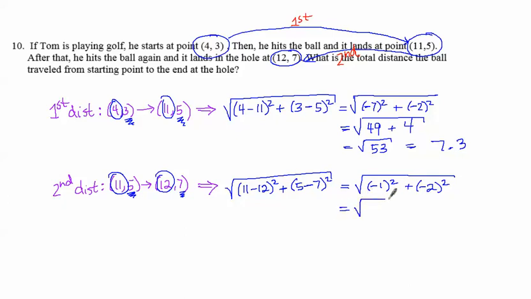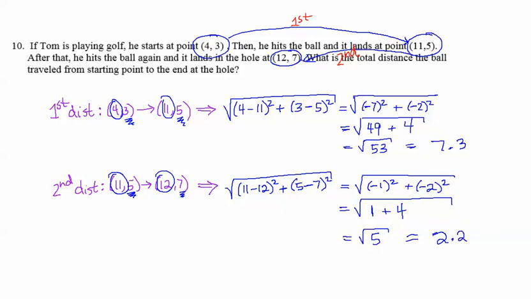That is negative 1 times negative 1 is just a positive 1. Negative 2 times negative 2 is a positive 4. So we have the square root of the number 5, which rounding to the 10th place is a 2.2.